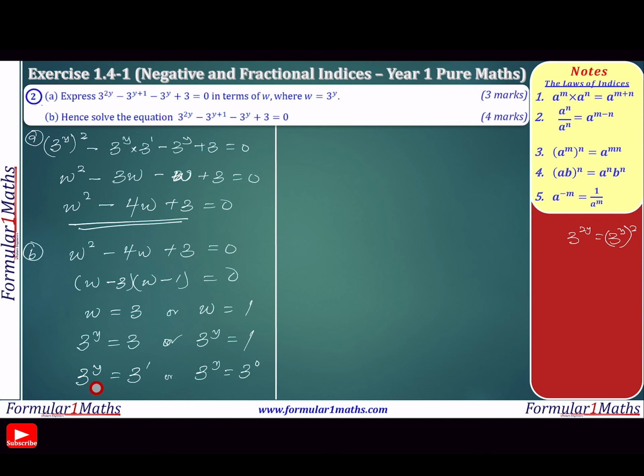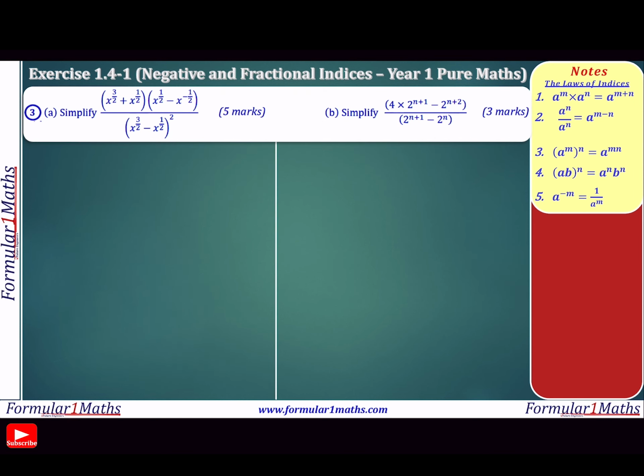So because the bases are the same, the powers must be the same. And so we can finish off this by saying that y is either equal to 1 or y is equal to 0. And so these are the two answers required for question 2b.